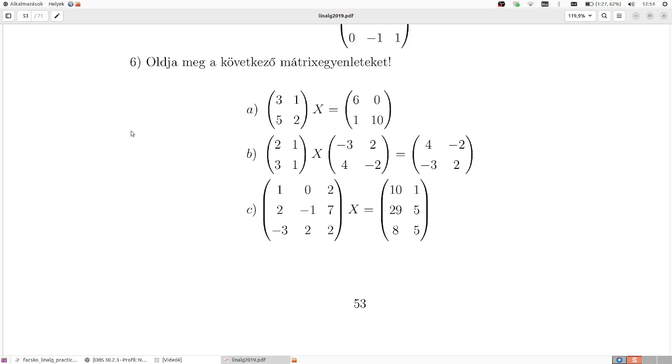Interesting. It's minus 10. Is it minus 10 for you too? Weird numbers. Minus 14? Minus 10, the final result, so the determinant. The final is minus 14. 14?